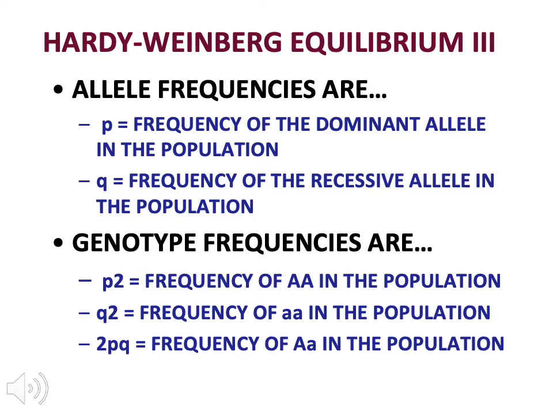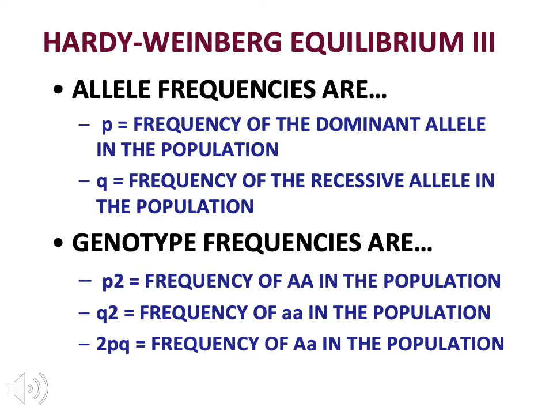Well, now these expressions, P and Q, can be used as a starting point for generating expressions that will allow us to figure out the frequency of homozygous dominance in the population, the frequency of homozygous recessives in the population, and the frequency of heterozygous individuals in the population.